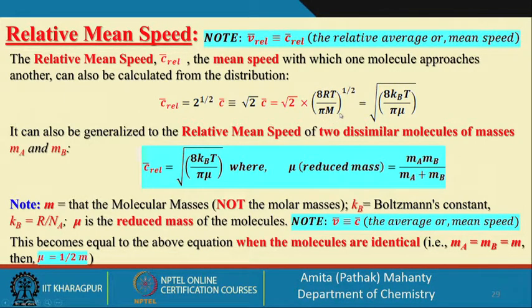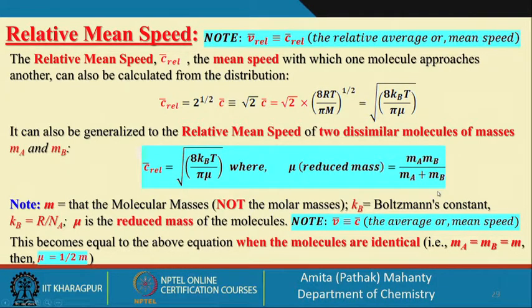Here this mass is the molecular mass. This is not the molar mass which was associated with the kinetic model, and this mass is the reduced mass of the two molecules, which may be similar or dissimilar. So, what is this reduced mass given by? Reduced mass is nothing but 1 by Ma plus 1 by Mb.